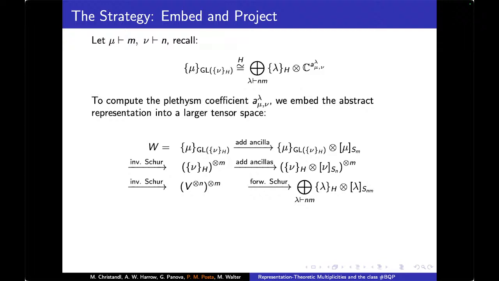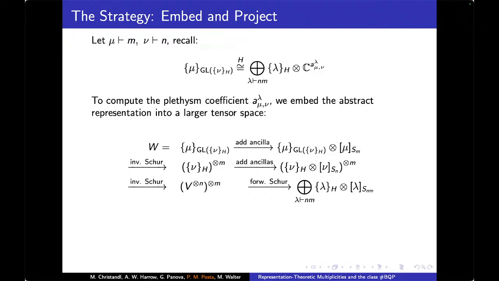Mathematically, it's a map. It's an embedding. Let's say you choose an element in here, you have to choose something on the right hand side, and then you simply tensor by that. And this is an isometric embedding. Yes, it's an embedding.